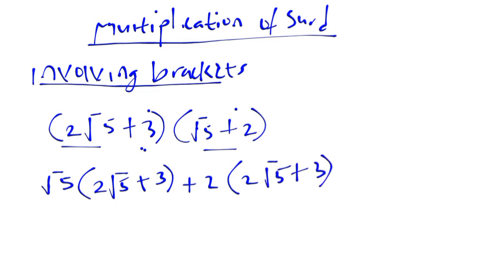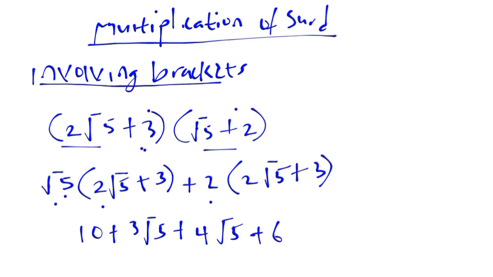So root 5 times 2 root 5 will give me 10, plus root 5 times 3 will be 3 root 5, plus 2 times 2 root 5 will be 4 root 5, plus 2 times 3 will be 6. I see that 10 and 6 are like terms, and 3 root 5 and 4 root 5 are like terms.